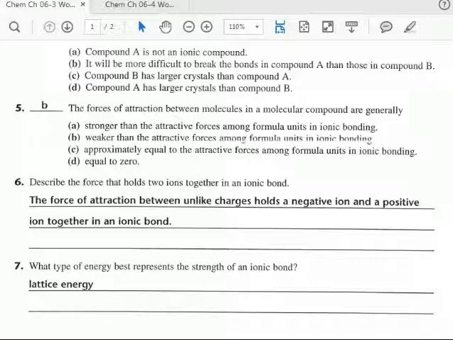If I have a positively charged species and a negatively charged species, and they have a full 1 negative charge and a full 1 positive charge, there's going to be a certain amount of electrostatic attraction. If I somehow shield or mitigate some of that positive charge, the resulting electrostatic attraction will be less.